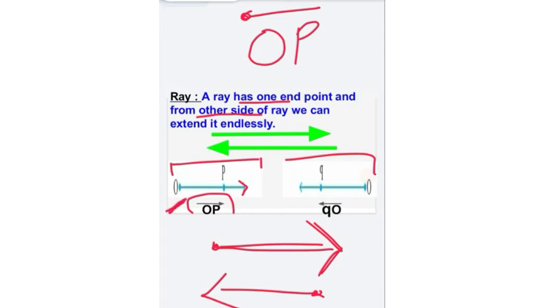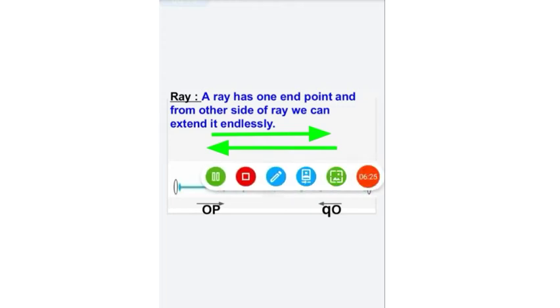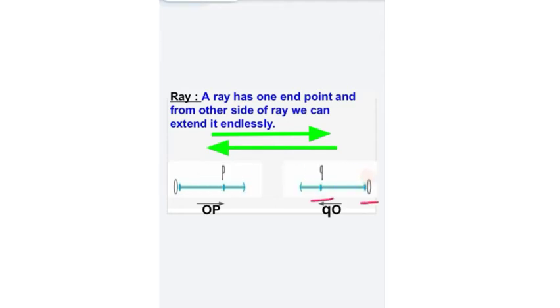In this case we have the dot at O, so we put the dot on the O side, and we have the arrow on the P side, so we put the arrow towards P. Now look at another ray in which we have O and Q. You can see here we have the arrow on the side of Q, so we put the arrow towards Q and the dot towards O. So you have to be very careful when you write the name of a line, line segment or ray.